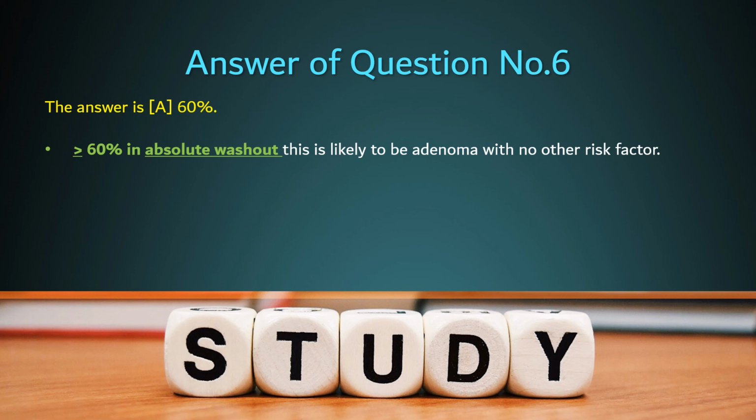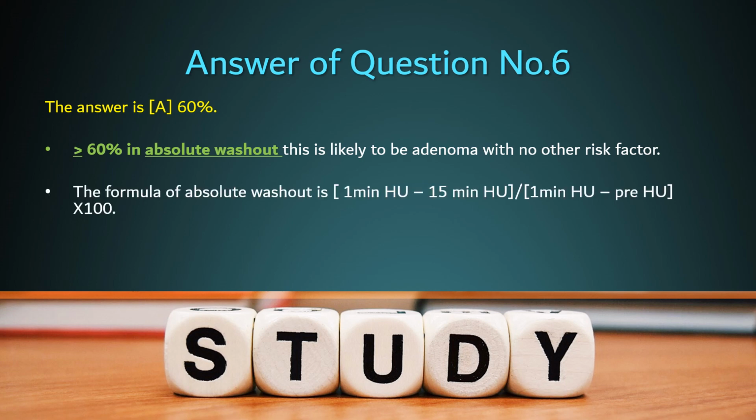60% or more is considered a highly sensitive and specific cutoff value for differentiating adenoma from non-adenomatous lesion when using the absolute washout equation. The formula of the absolute washout, as shown here, is based mainly on calculation of the difference between Hounsfield units in the different phases of the CT study.